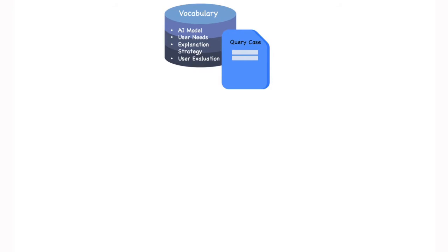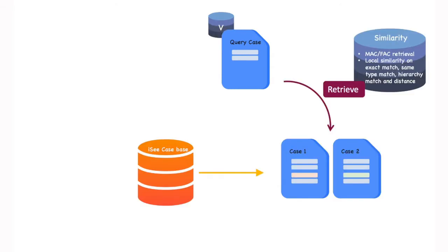The query case is formed initially of an AI model and your user needs. What we're looking to gain from the iSee system is the appropriate explanation strategy to meet that model and those user needs, as well as an appropriate evaluation strategy. Using the query, we perform a similarity-based retrieval from the iSee case base, which stores complete explanation experiences.